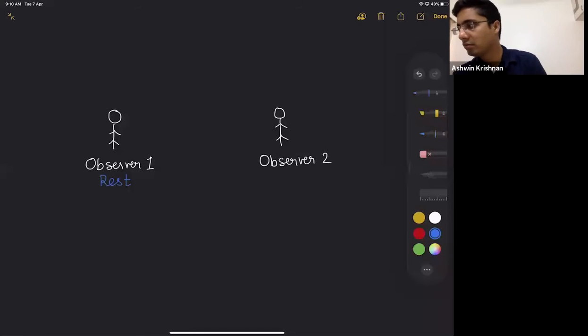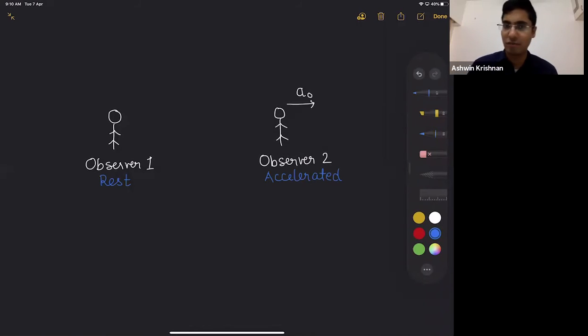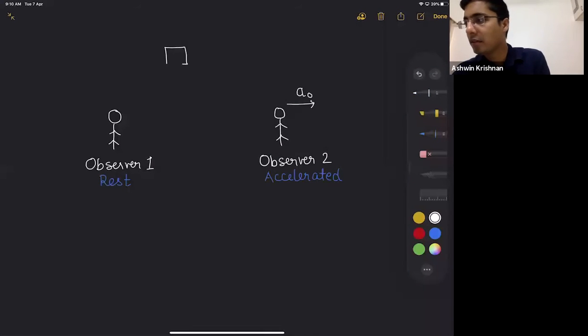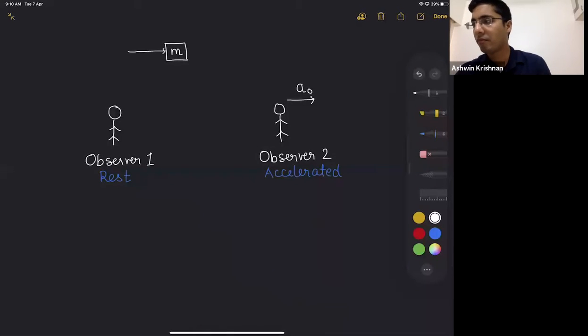Observer 2 is moving at an acceleration a0, so he is accelerated. Now let's take a body of mass m which both of these are observing. Let us apply a force F on it.